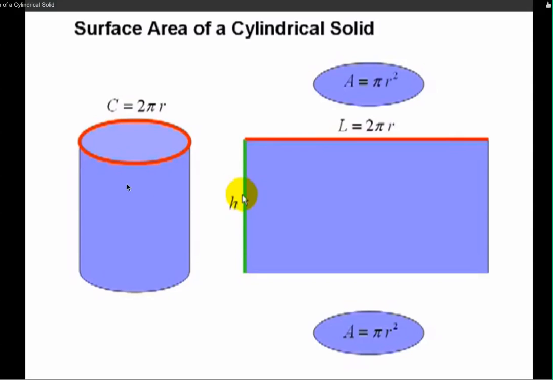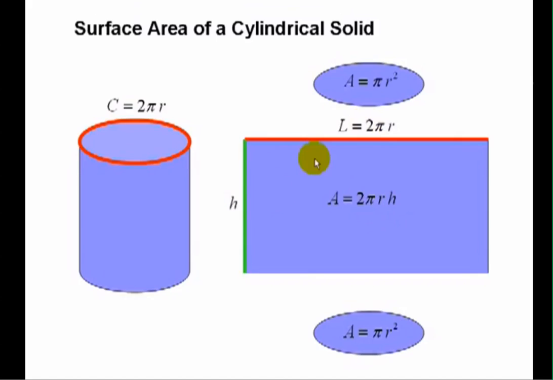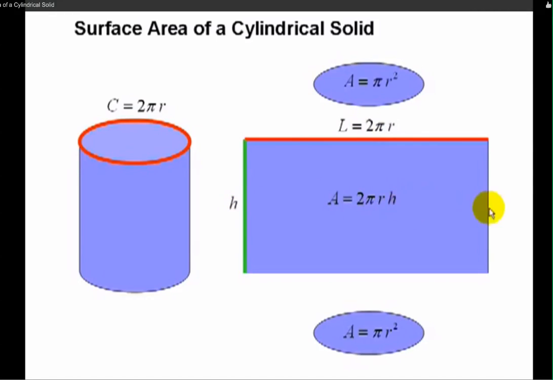Because it's much easier to look at this shape like a rectangle than it is to think about it as a curve. Well, area is the top times the height. So what we end up with is area is 2 pi r, which is this length here, times h, 2 pi r h.